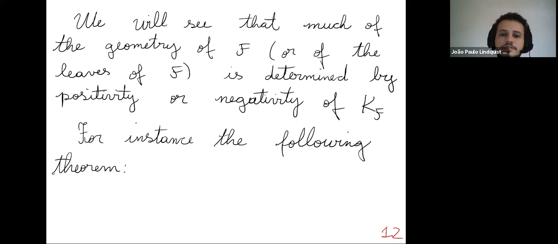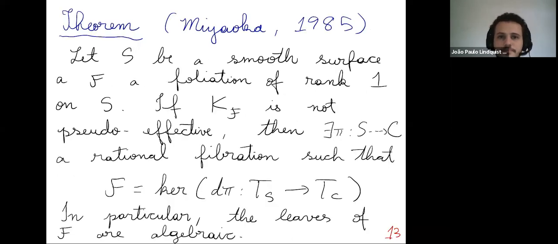For instance, we have the following theorem by Miyaoka. If S is a smooth surface and F a foliation of rank 1 on S, if K_F is not a pseudo-effective divisor, in other words, if it is not in the closure of the cone generated by the effective divisors, then the foliation is given by a rational fibration.